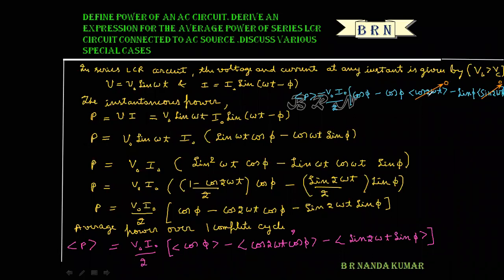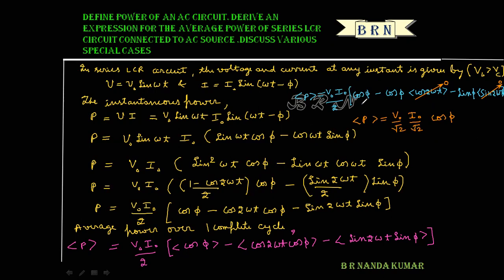So 0 into anything is 0. This term goes to 0, and this term also goes to 0, right? So finally, average power is equal to V naught by root 2, I naught by root 2 into cos phi.